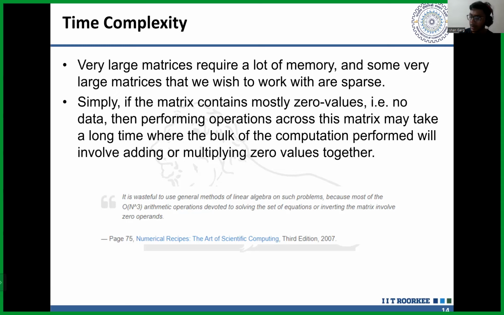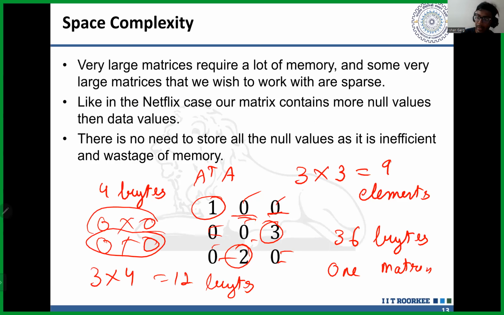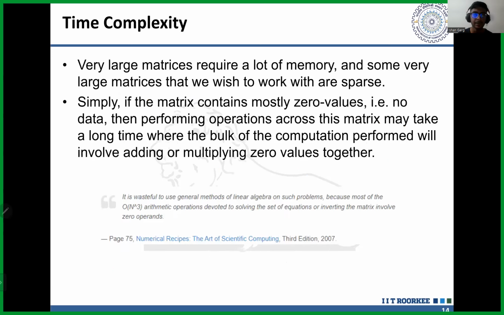See, in the last example, we can see most of the values are zero. So consider if we multiply two matrices or we take the square of this matrix like A transpose A. A lot of operations will only include multiplying 0 or adding 0 with 0, which is a total wastage of our time and increases the time complexity of our operations.